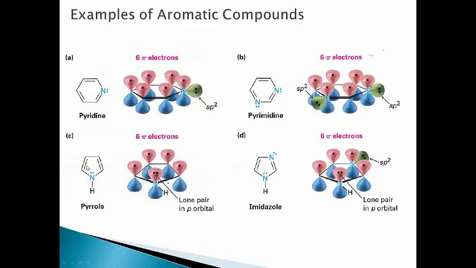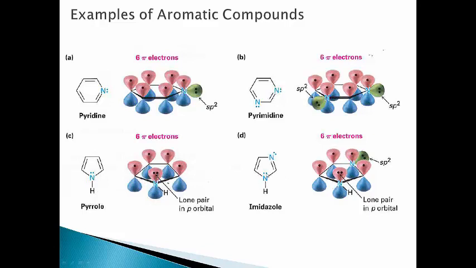This one here we have 2, 4, 6. Notice that I'm now counting the nitrogen lone pair of electrons when I'm doing my 2, 4, 6. The reason for this is that this nitrogen has a bond to a hydrogen. It's pushing those lone pair electrons into the p orbital. So we've got 2, 4, 6 now.